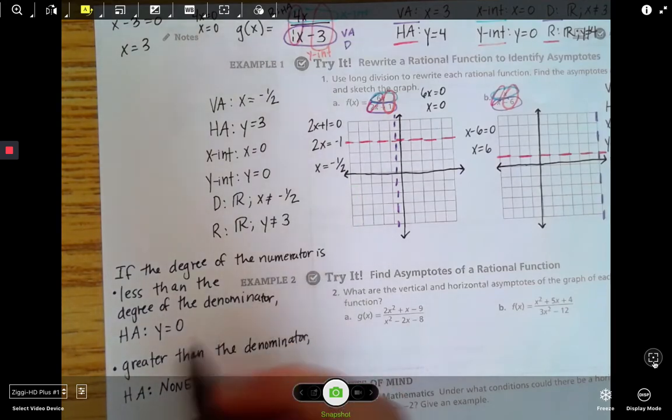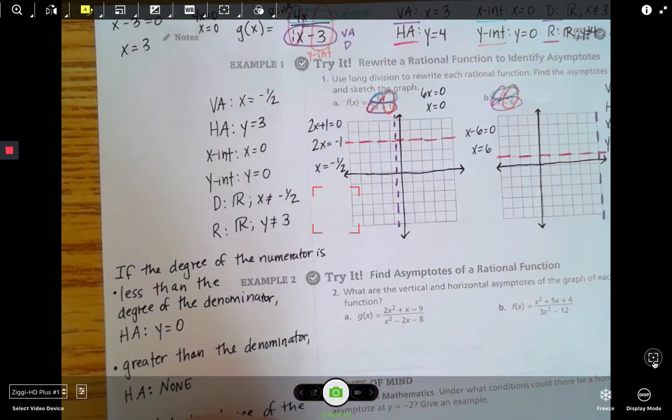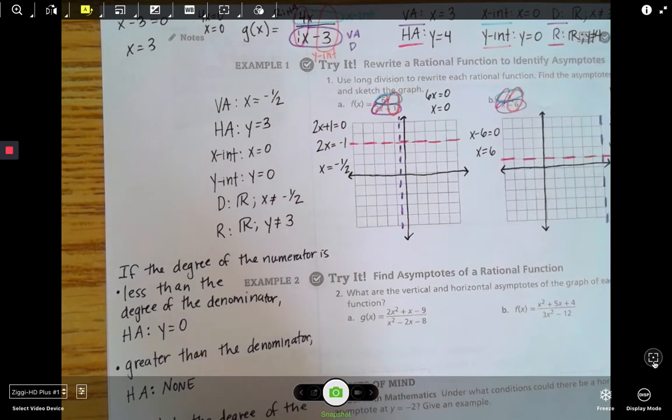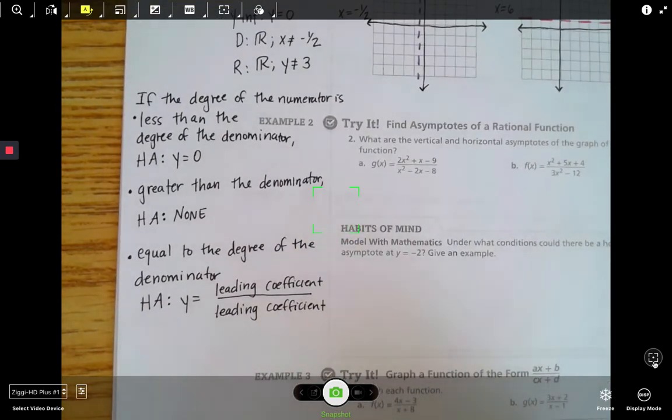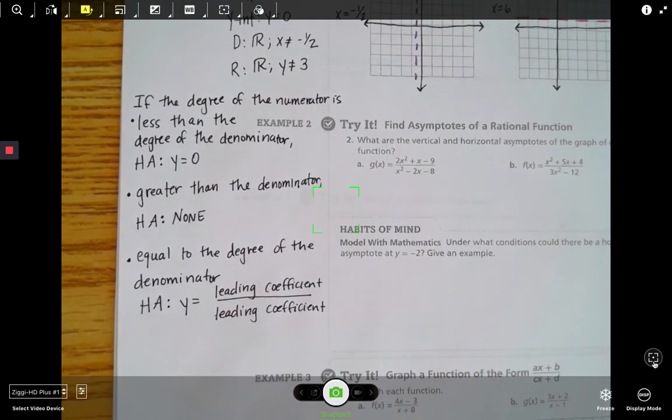So if the degree of the numerator is equal to the degree of the denominator, then your horizontal asymptote is y is equal to leading coefficient over leading coefficient. I'll give you a second to write all that down.